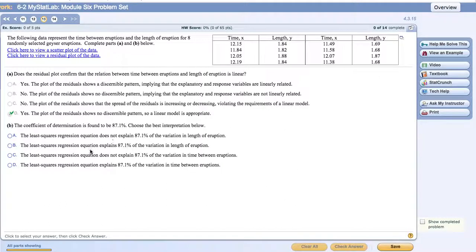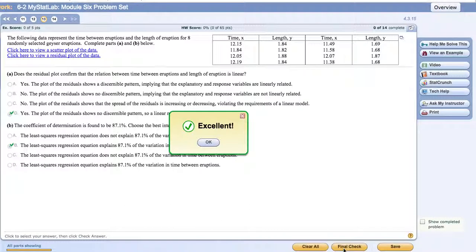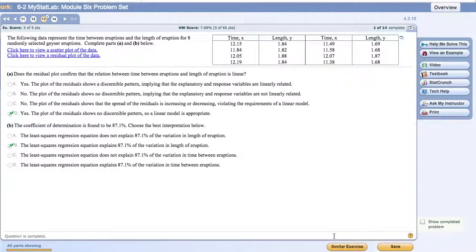No, that it would explain. So the least squares regression line's equation explains 87.1% of the variation in length of eruption. That looks on track to me because it's explaining the response variable, which is the length of the eruption. So let's check that. That looks on track.